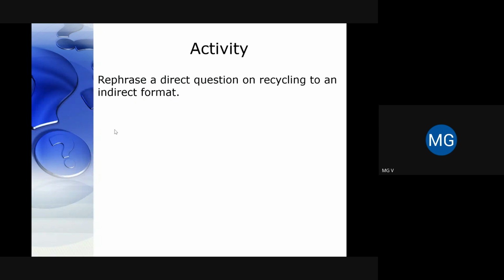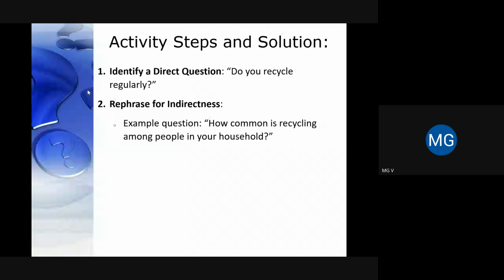Now you can perform the activity to understand this. You can rephrase a direct question on recycling to an indirect format. So first you need to identify a direct question. For example, as I have discussed, do you recycle regularly?